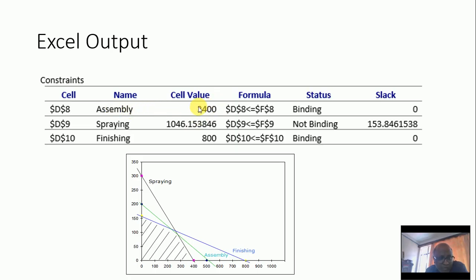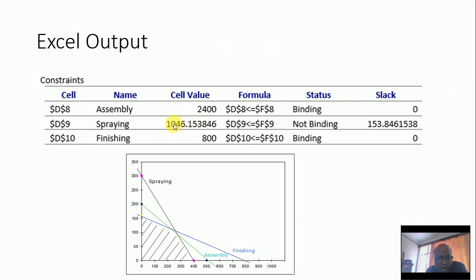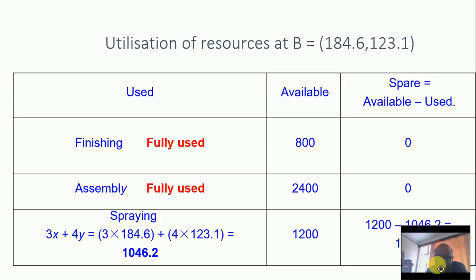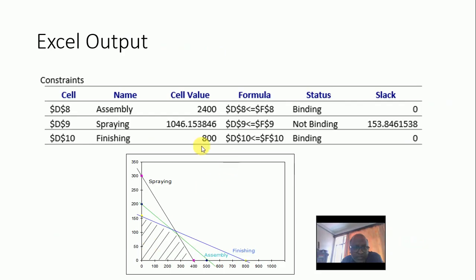So you've used all, as we saw earlier. For finishing, you were given 800, you've used all your 800. And for spraying, you were given 1200, and you've used only this much. We got this value earlier. Here it is. So that's Excel's job.